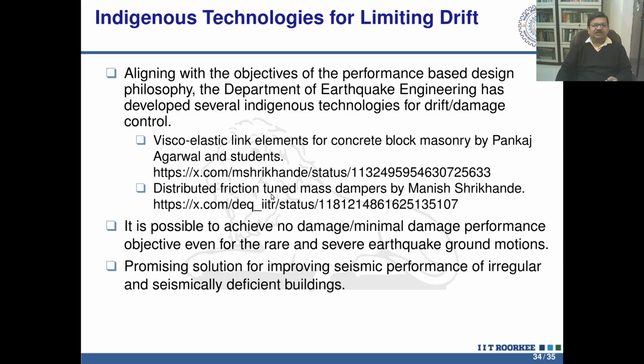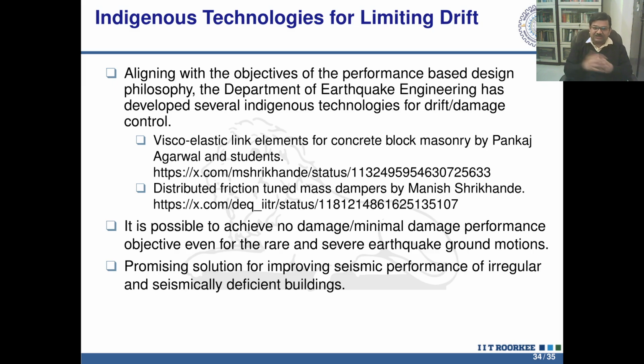And then the second one is a distributed friction tuned mass damper. Very conveniently, it can be distributed over one floor, or across several different floors, across height also, and with the effect that we can control, we can reduce the seismic drift in buildings and structures by as much as 50%.